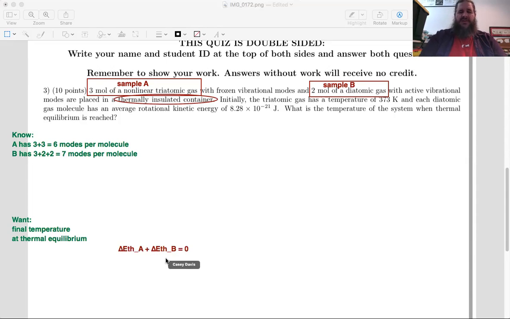More generally, we'd say the changes add up to heat plus work, but there's no heat because it's thermally insulated, and I would assume no work because it doesn't tell anything about pistons or expansion or contraction. So we know these thermal energy changes have to add up to 0. We also know something about number of modes. Do you have any information relating thermal energy change to number of modes?